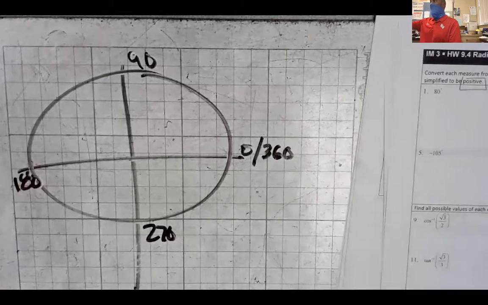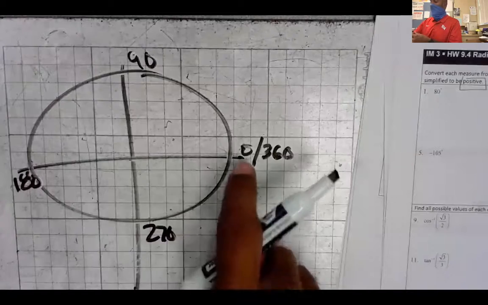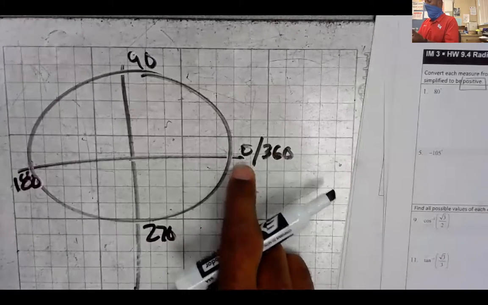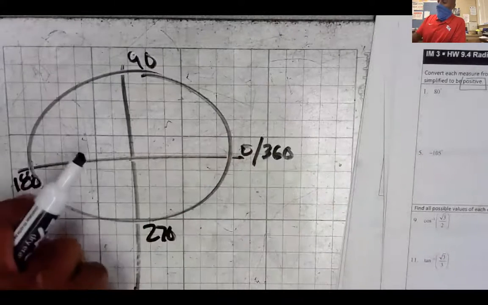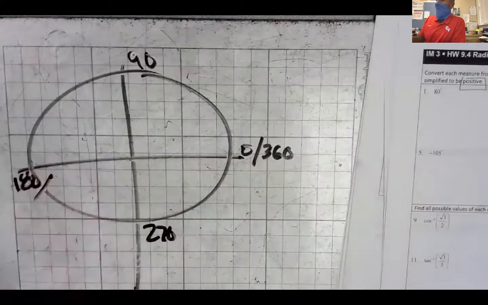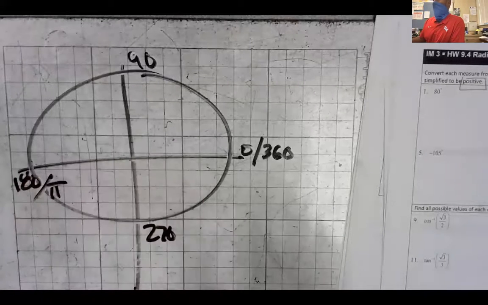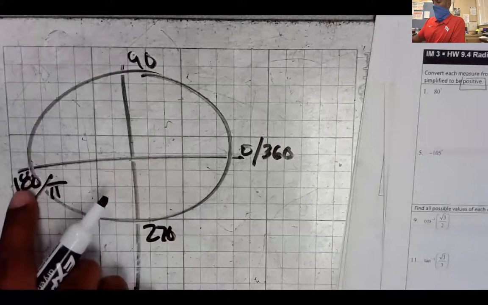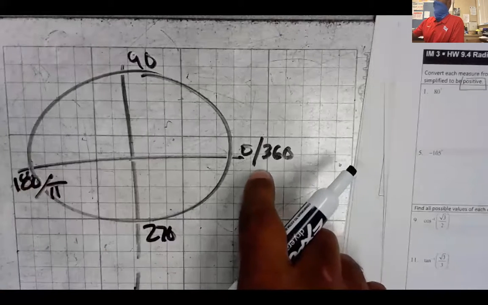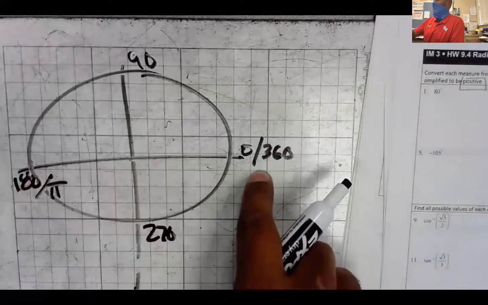Now that's degrees, but the other way to measure is radians. So 0 is 0, right? If I go all the way to 180, how many is that in radians? Just 1 pi, or 3.14. So if I go all the way back to 360, then how much would that be? 2 pi.